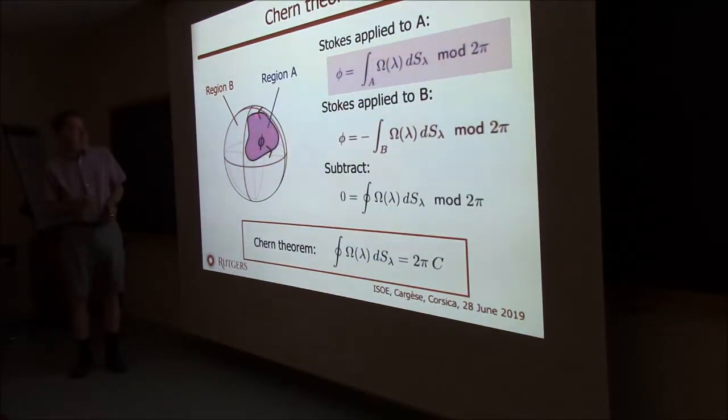You imagine dividing this surface up into 2 regions, region A and region B. First I apply Stokes theorem to region A, that's this purple region. It says that the Berry phase as I go around this boundary is equal to the integral of the Berry curvature over this patch.